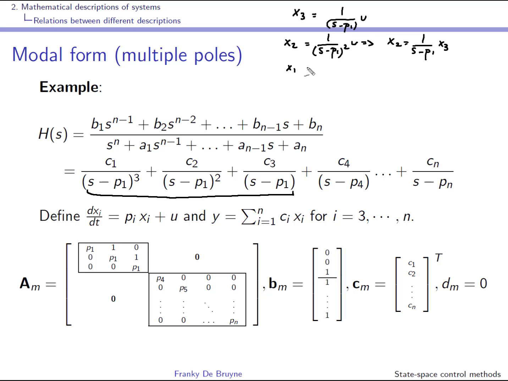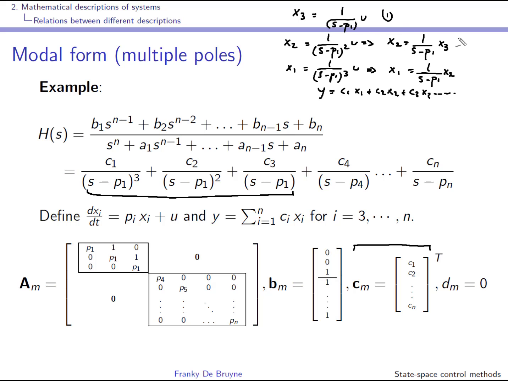And x1 will be 1 over s minus p1 cubed U. So this means that x1 will be 1 over s minus p1 x2, right? And of course y, as usual, will be c1 x1 plus c2 x2 plus c3 x3 and so on. So this is why you have a c that takes this form over here.